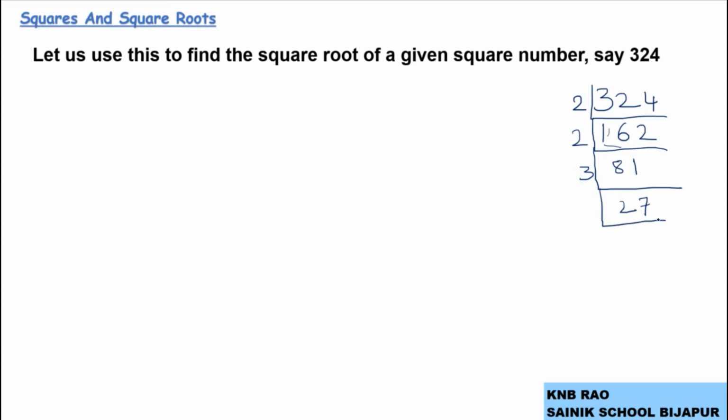That's how it comes. You have learnt the method of finding the prime factorization of any given number. Presuming that you have learnt, I am explaining that procedure only in short. So 3 nines are 27, 3 threes are 9.